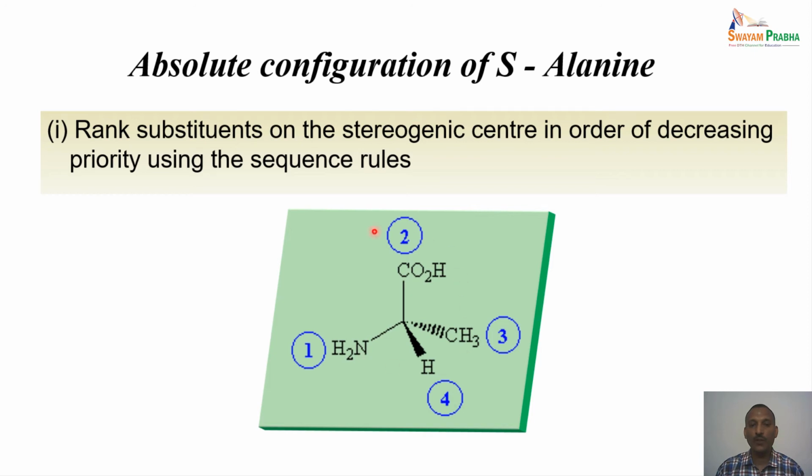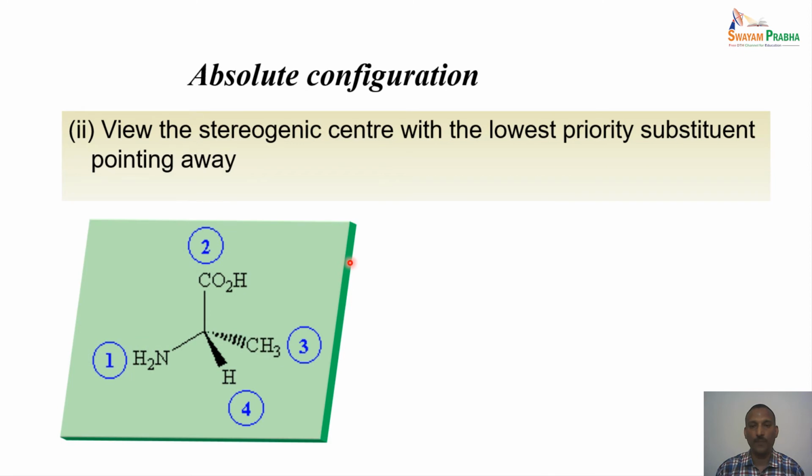So we have to assign the configuration for this particular compound. Now, what does the second rule say? We have to view the stereogenic center with the lowest priority substituent pointing away. This is the lowest priority substituent, but as a wedged edge, it is actually pointing towards the observer, and this broken one, that is the methyl group, is actually pointing away from the observer.